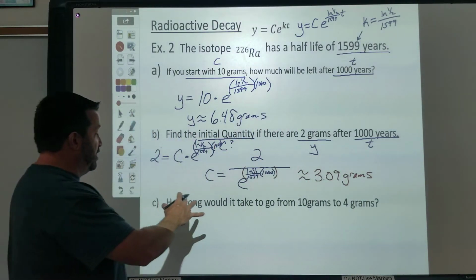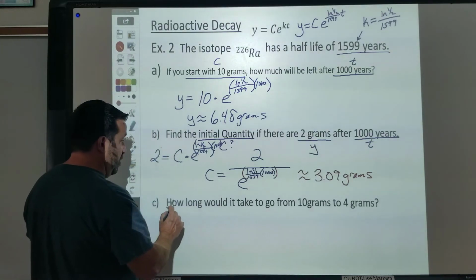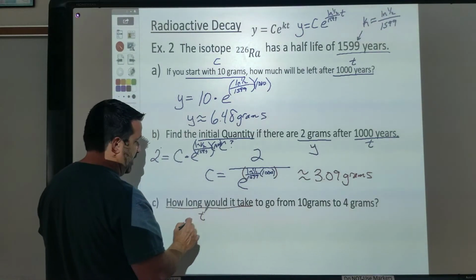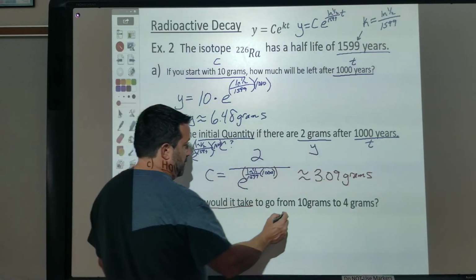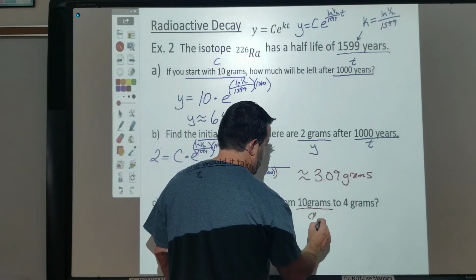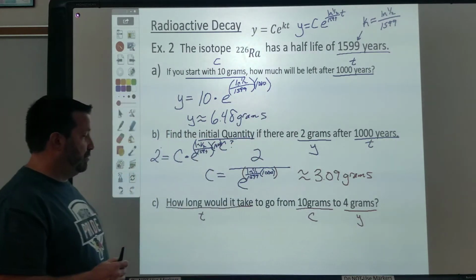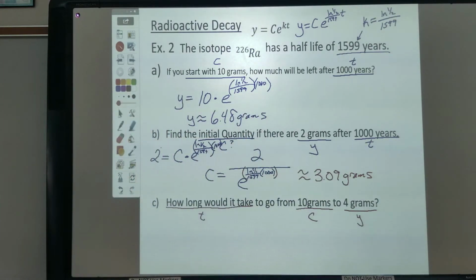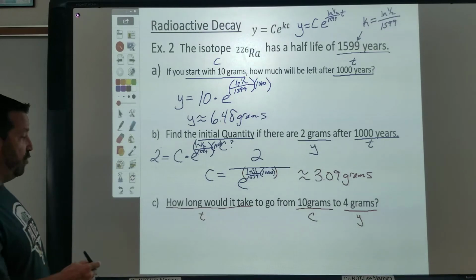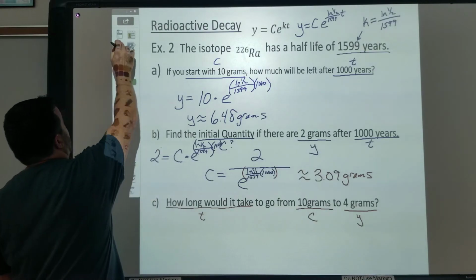Okay, so moving on to the last one. Now it says, how long would it take, that's time, so I don't know time, to go from 10 grams, that's the initial amount, to 4 grams, that's the Y value. So we're going from 10 to 4. I'm probably going to run out of room down here, so let me move over to this page.